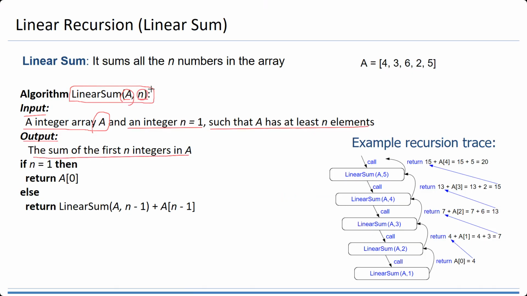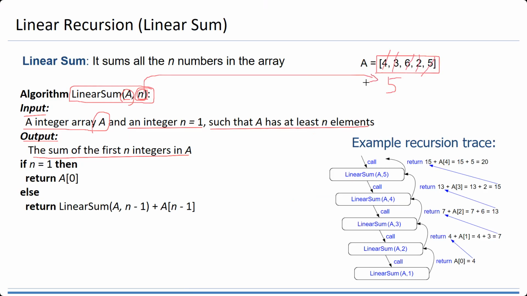So we can define the n. Let's say I want to know the summation of the first 5 integers, or I want to know the sum of 5 integers. Then 1, 2, 3, 4, 5. So the n can be defined as 5.